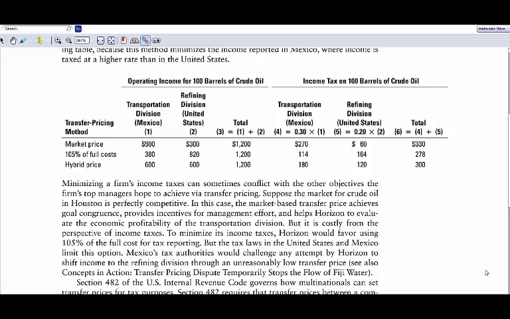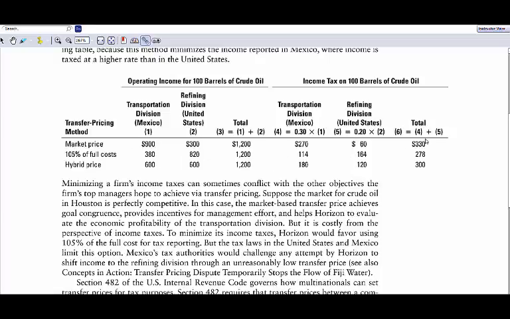So let's think about this in applying it to our Houston scenario. If the market price for crude oil in Houston is perfectly competitive, and that $85 per barrel of crude is the going rate, then Horizon would be required to calculate its taxes using that market price, that first line up here.